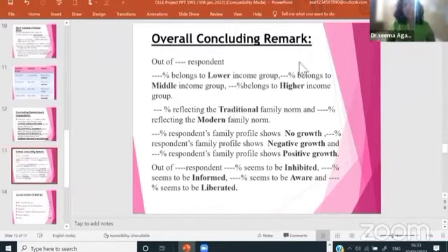Now, students and teachers, I'm showing the sample copy of the Google form. By that form, you can easily find the score of your respondent without manual calculation. On the Google form, you can see the score of each and every respondent.